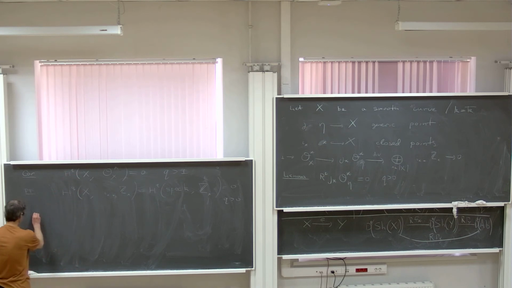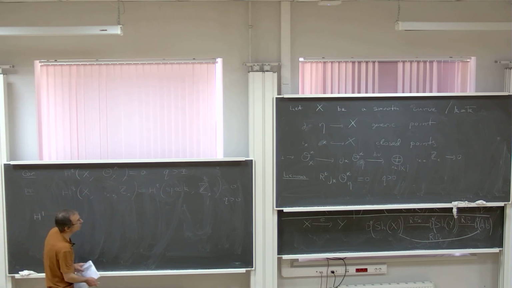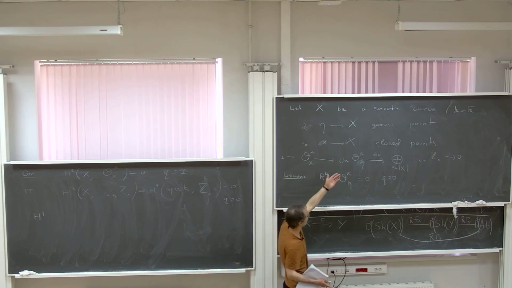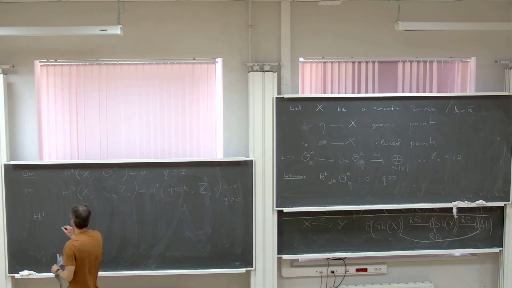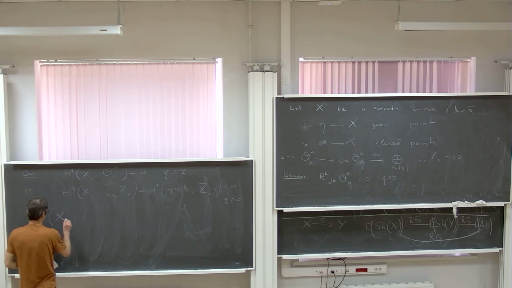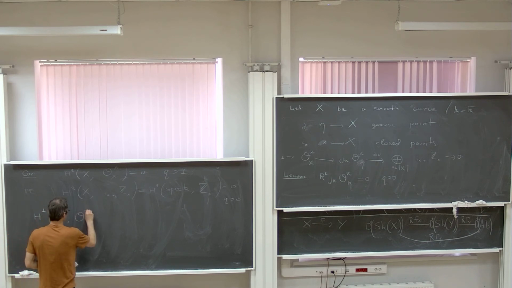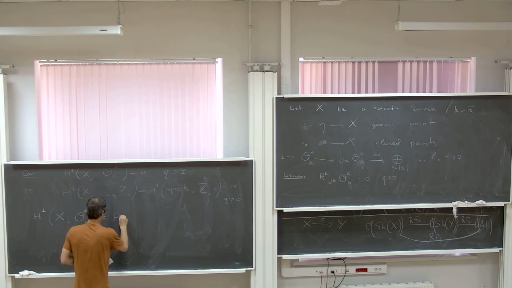And H^1, well, you take global sections here, so we recover the result that we actually already know by faithfully flat descent: H^1 of X with coefficients in O star is Pic X. Okay? And another corollary.